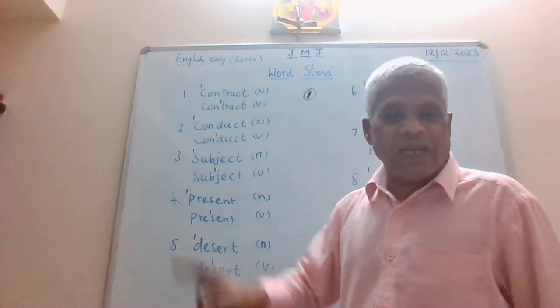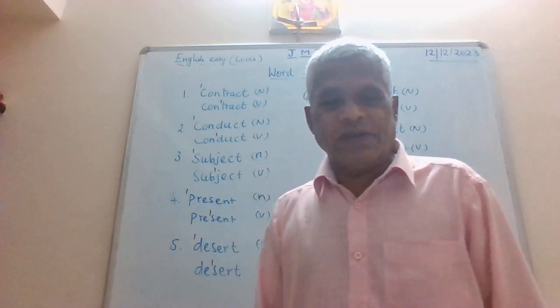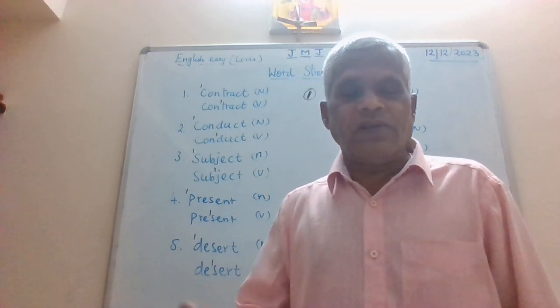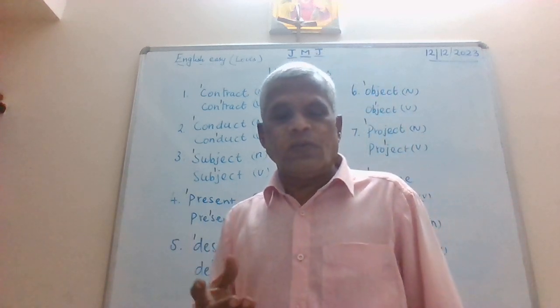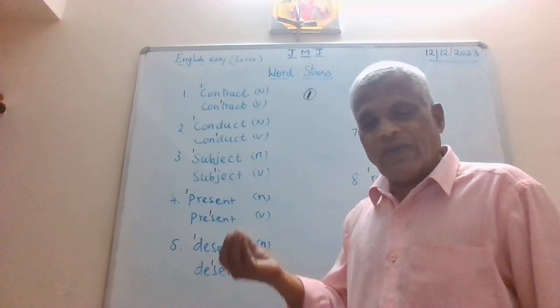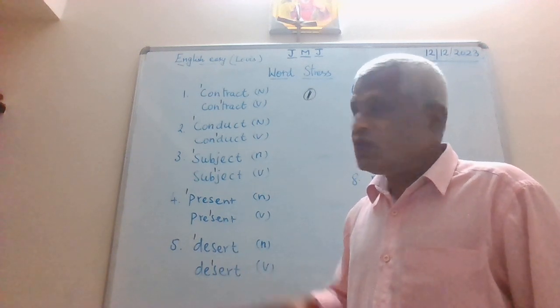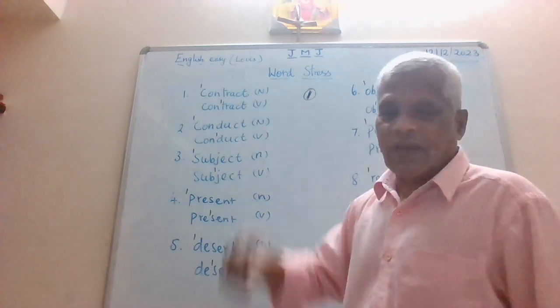Now what does it mean, contract? Contract is an agreement made between 2 persons or 2 parties, or maybe with 2 friends, whomever you may call it. So contract is an agreement. See, that is a noun there.